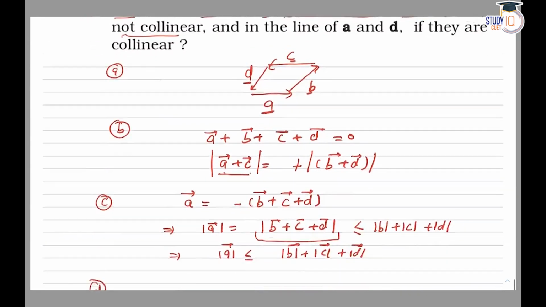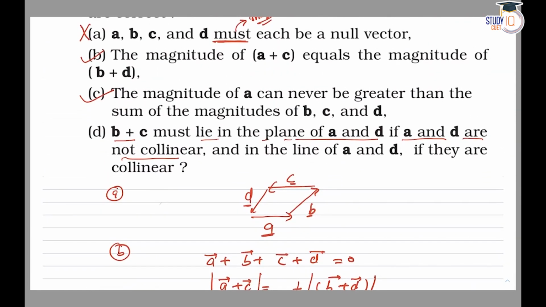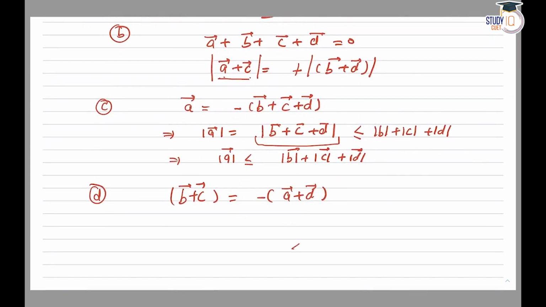He is asking about B plus C. So we have B plus C is equal to minus of A plus D, as the summation of 4 vectors is 0. From this we can say that B plus C is equal to minus of A plus D. Now if A and D are not collinear, it means they are not in the same line.